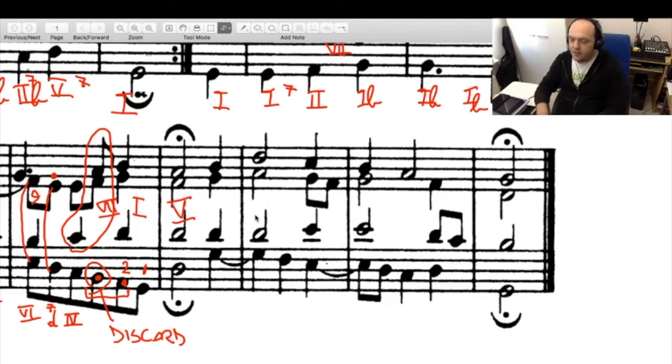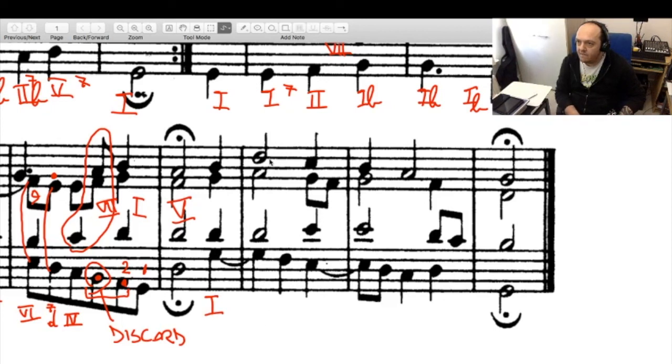Okay, last phrase and cadence, going home. Let's see what happens. Looks and sounds straightforward enough. Analysis. Chord 1.